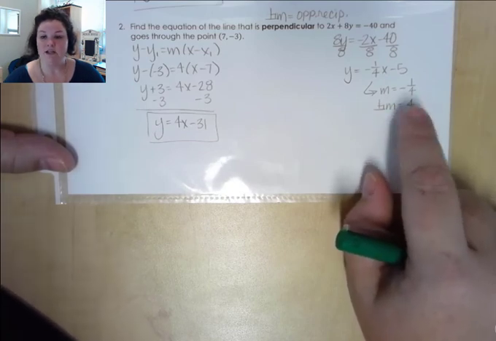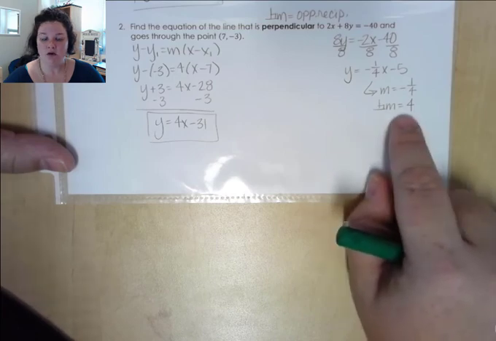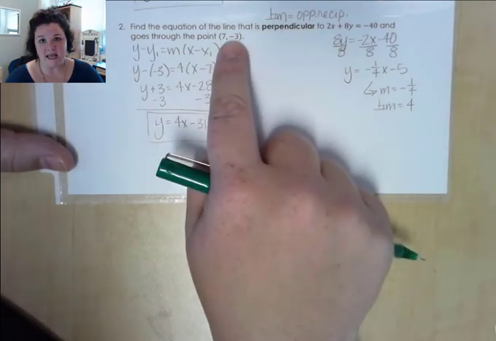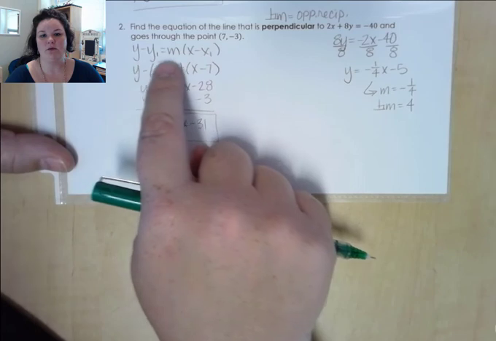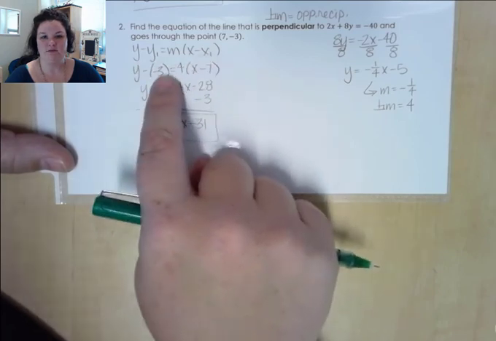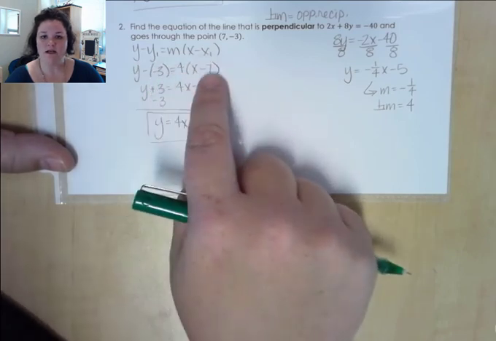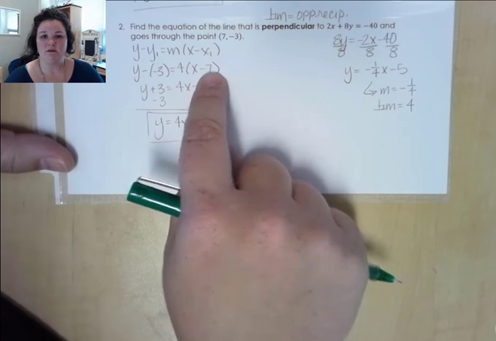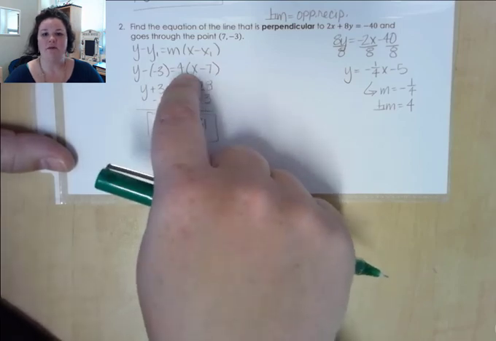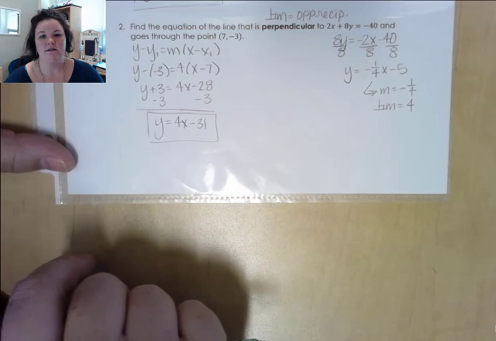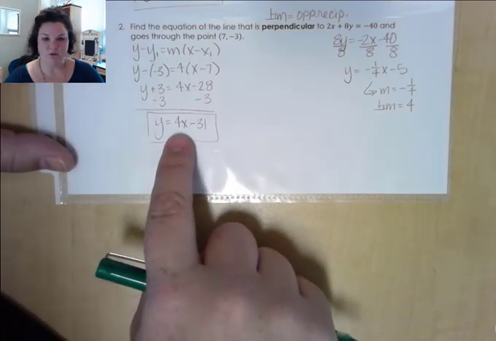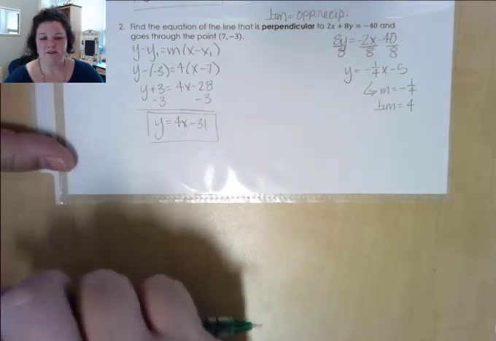Okay, so I'm going to use that slope, positive 4, along with the point that they gave me and plug it into my point slope formula. So negative 3 goes in for my y1, 7 goes in for my x1, 4 goes in for my slope, and then I'm just solving for y. Okay, I should end up with y equals 4x minus 31 is my answer.